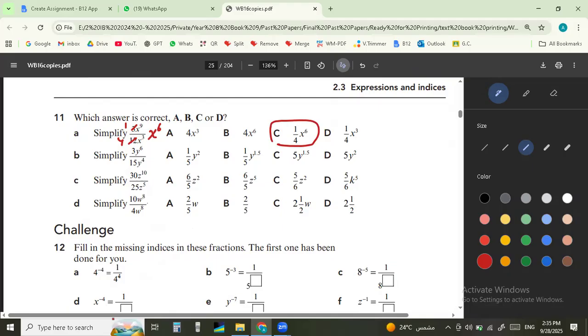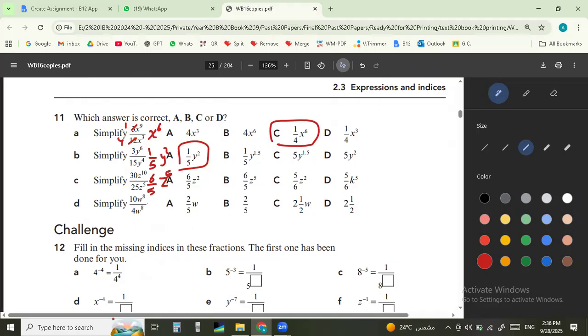This one divided by 3 is 1 over 5. y to the power of 2, minus the indices, 1 over 5 y to the power of 2. 30 and 25 divided by 5 is 6, divided by 5 is 5. So it is 6 over 5 z to the power of 5, minus 10 minus 5 is 5.